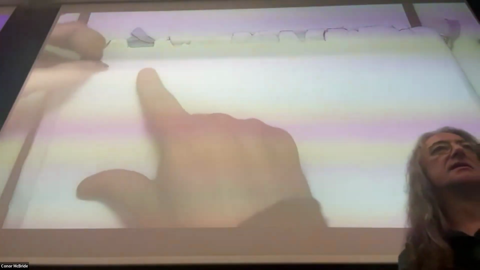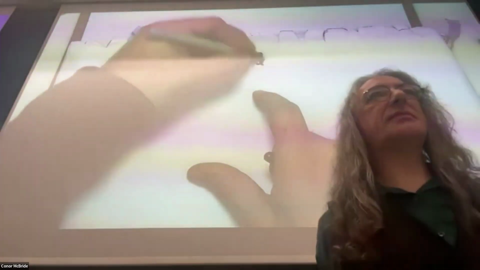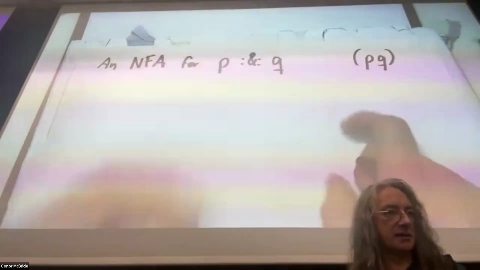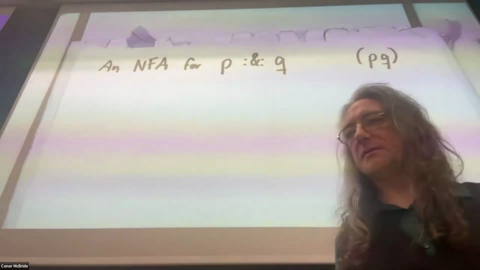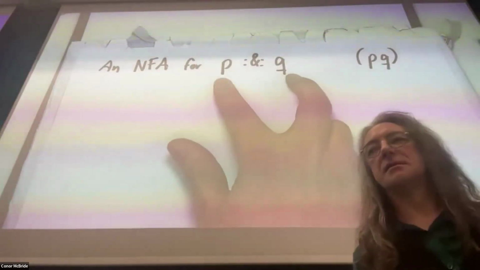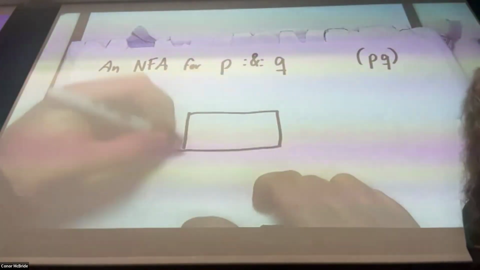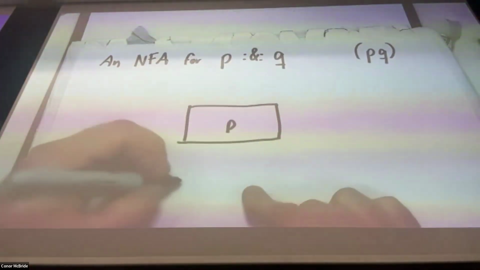So let's do the other way to plug two things together. The last one was saying I'm happy with either one. Let's do first one and then the other. So let's see if we can build an NFA for P and then Q. Again, we can assume that we have already built NFAs for the smaller pieces. So let's say there is one for P here, and there's one for Q here.